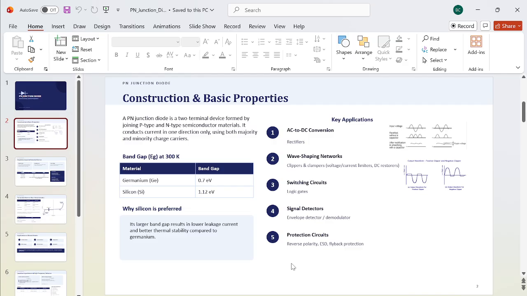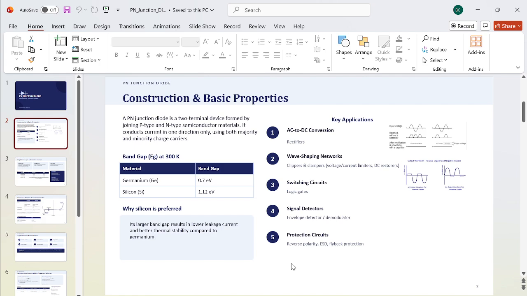So silicon has a 1.12 electron volt energy band gap between its valence band and conduction band. This larger band gap results in fewer thermally generated minority charge carriers, which are responsible for leakage current.